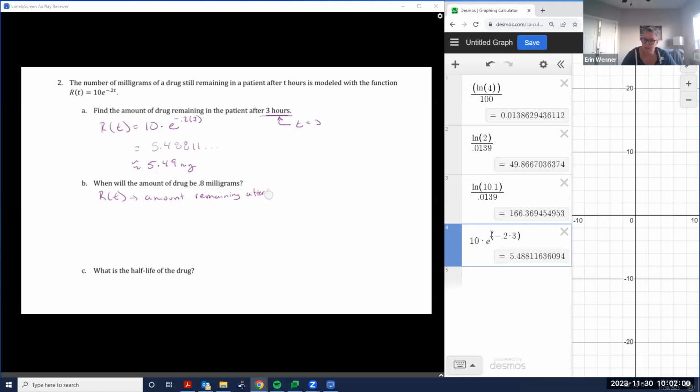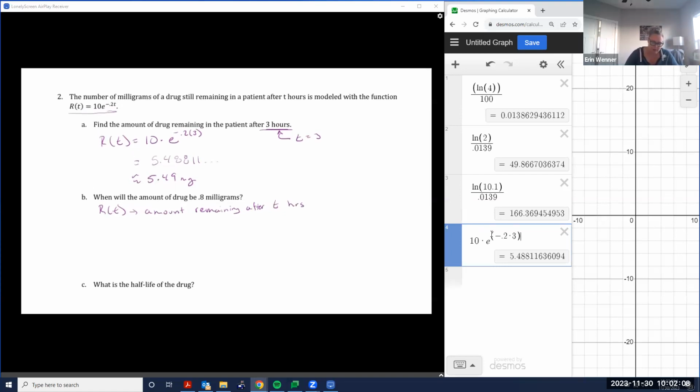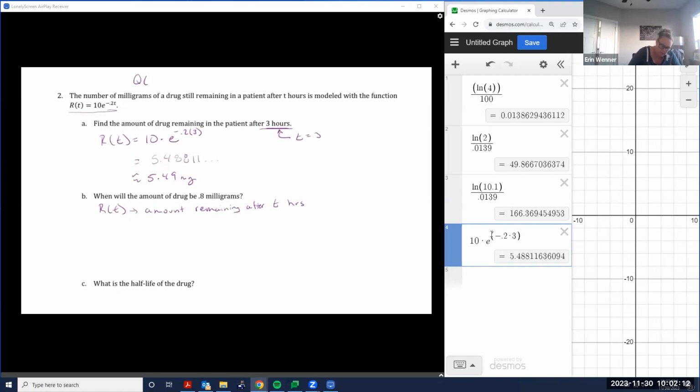That's what that R of T portion means. And so also, if we think about how this compares to our formula we had before, right? We have Q of T equals Q sub 0 times E to the RT. So remember, Q sub 0 is the original amount or the initial quantity.